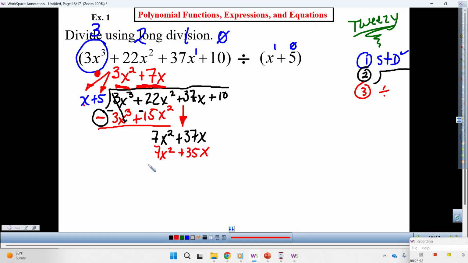Draw your line across, your subtraction. Before we forget, what do we do with that negative? We circle it and distribute that negative here and here. So 7x minus 7x cancel. 37 minus 35 is 2x. And we bring down the last term. What is my last term? Plus 10.